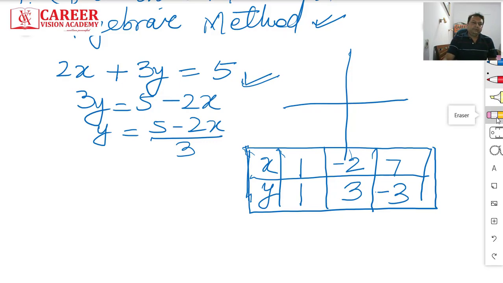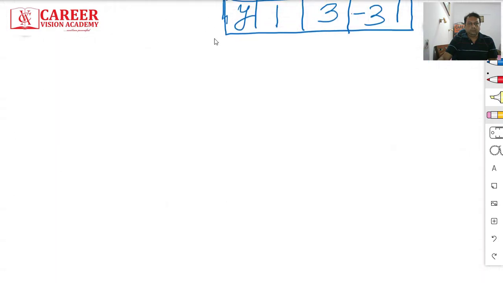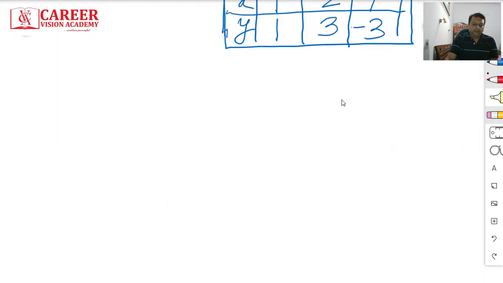Okay, now graphically, if we have to solve the linear equations, how can we solve the linear equation graphically? So by the graphical or geometrical method there can be three situations.